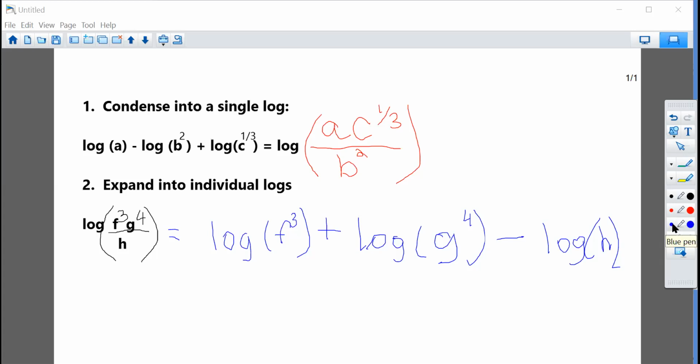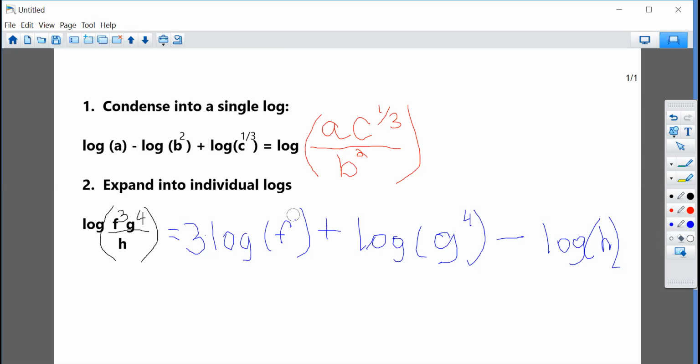So this third power becomes a 3 multiplied in front, okay? Let's see if I can erase just that 3. Maybe, hey, not bad. All right, this 4 on g to the power of 4, that 4 becomes the coefficient in front of that log.